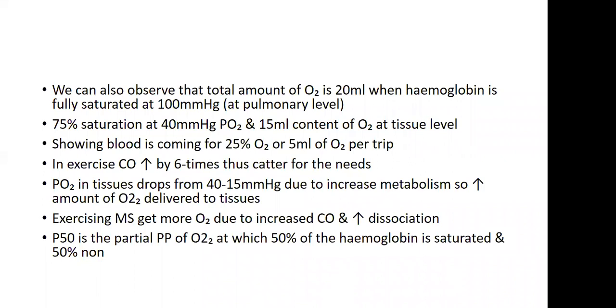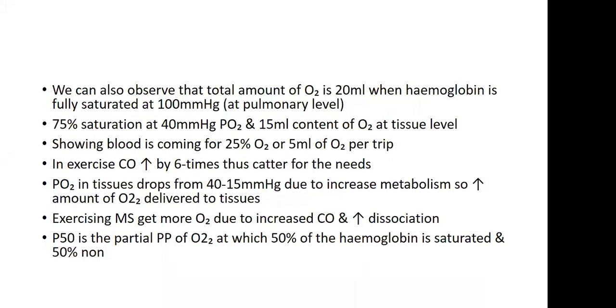Now, एक term है P50. P50 means partial pressure 50. So P50 means partial pressure of oxygen, for example, at which 50% of the hemoglobin is saturated and 50% is not saturated. Means the 4 pockets, each having 25% of oxygen in one pocket, so the 4 make 100% saturation.